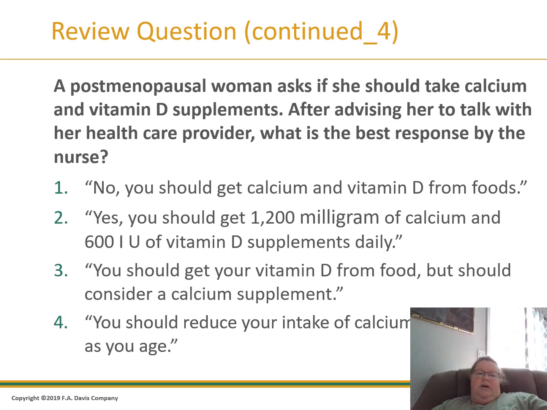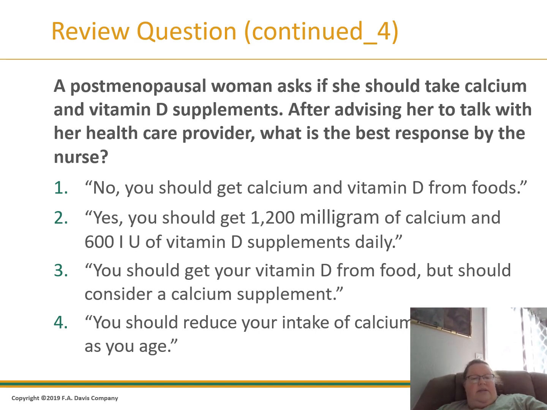A postmenopausal woman asks if she should take calcium and vitamin D supplements. After advising her to talk with her healthcare provider, what is the best response by the nurse? No, you should get calcium and vitamin D from foods. Yes, you should get 1,200 milligrams of calcium and 600 units of vitamin D supplements daily.